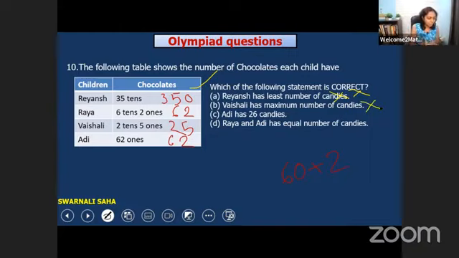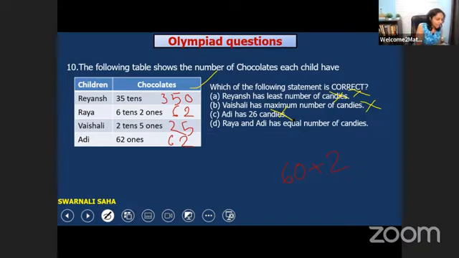The next option is Adi has 26 candies. Does Adi have 26 candies? No, Adi has 62 candies. They mistakenly wrote 26. So it is also false. Now the last option must be our answer. Raya and Adi have an equal number of candies.